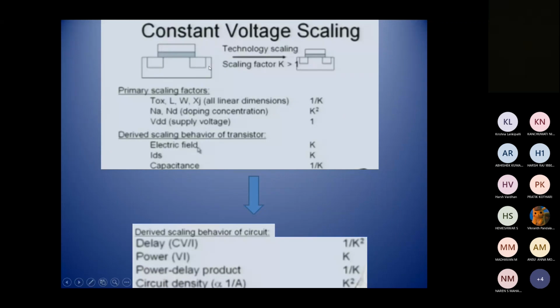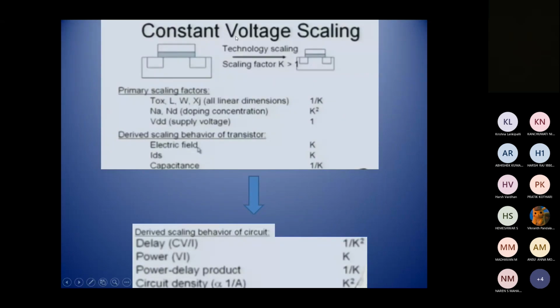As far as technology scaling is concerned, the scaling factor k has to be taken into consideration, which has a numerical value greater than one. Greater than one means you can take 1.5 or more, as per your requirement of the devices, how much scaling you want to do.